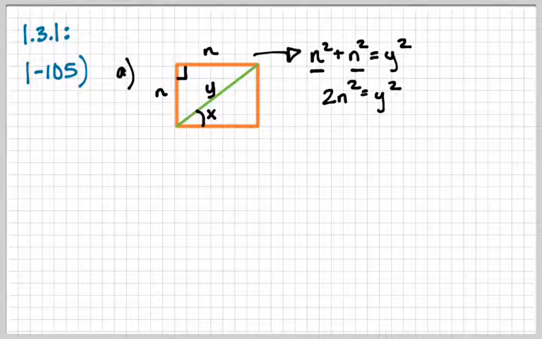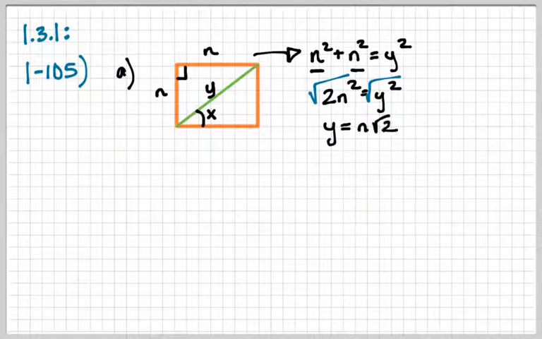And then the last step here would be to take the square root of both sides, and the square and the square root cancel, so we're left with y equals n times the square root of 2, which I'll go ahead and box. Alright, so that's for part A.